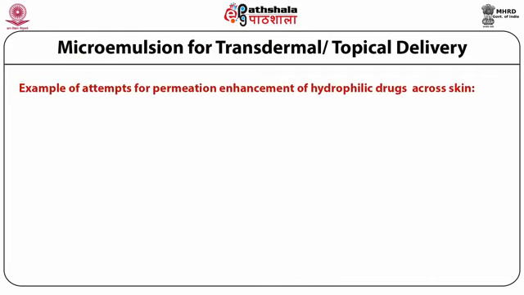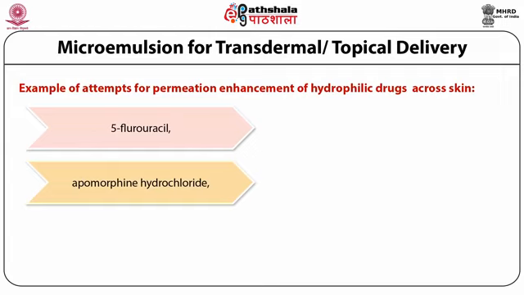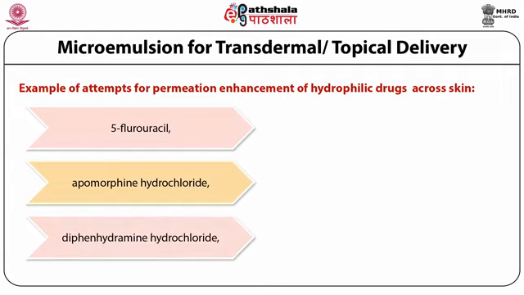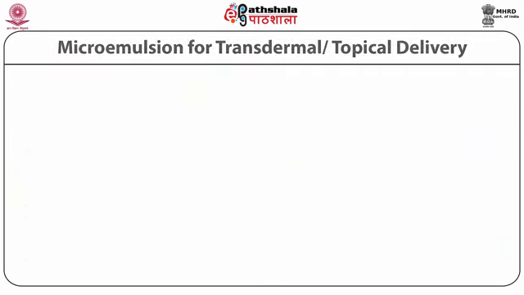Examples of various attempts for enhancement of permeation of hydrophilic drugs across the skin are: we can increase the permeation of 5-fluorouracil, apomorphine hydrochloride, diphenhydramine hydrochloride, tetracaine hydrochloride, and methotrexate.